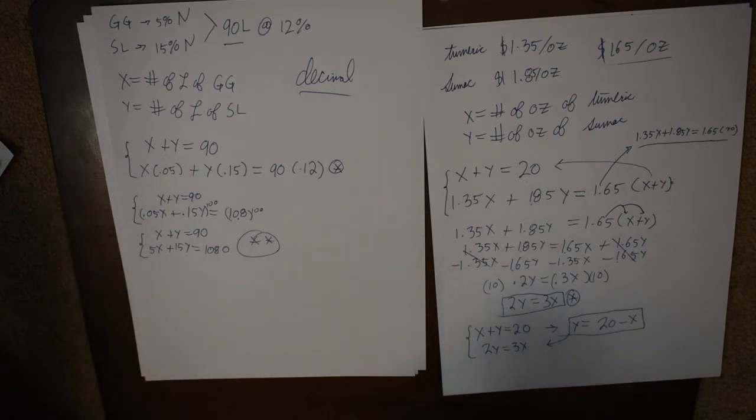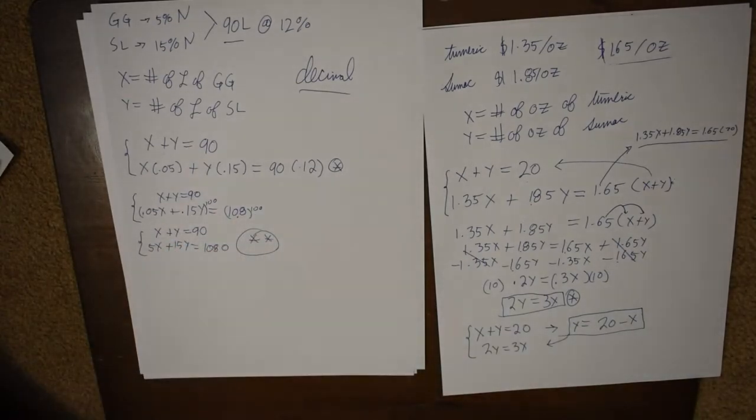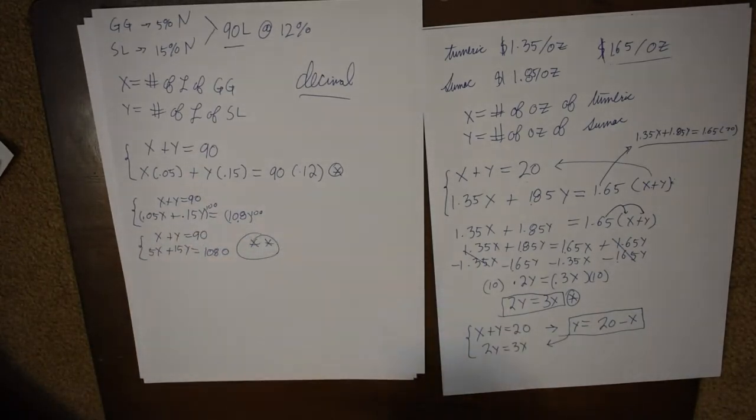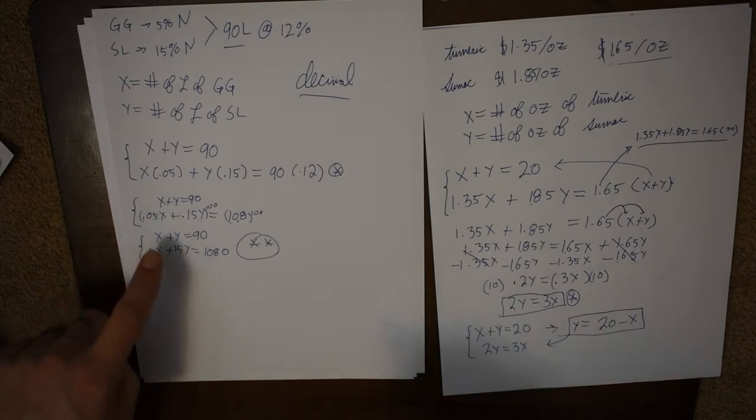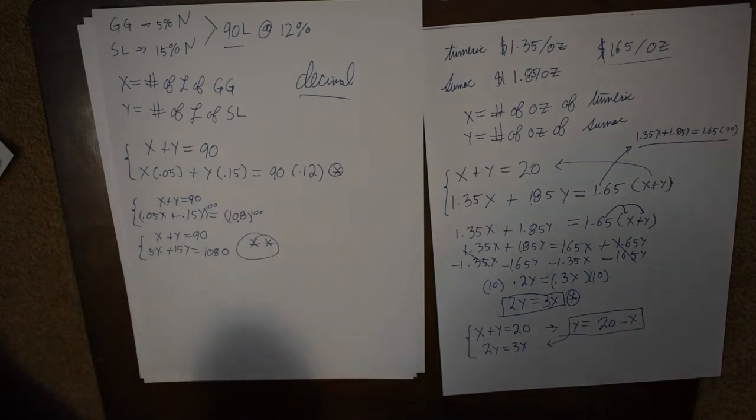Remember, to solve by the method of elimination, you need leading coefficients that are opposite in sign. We don't have that here. So we're going to want to manipulate one of these equations and make it look like the other.